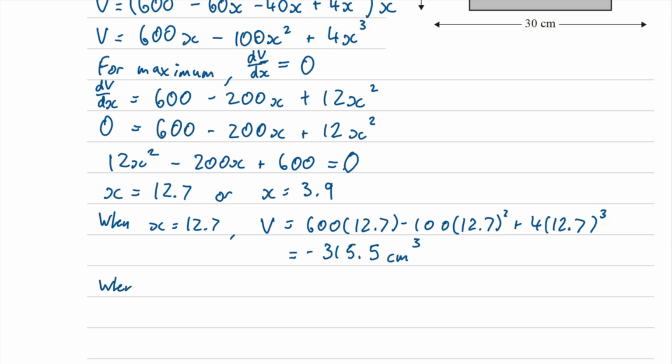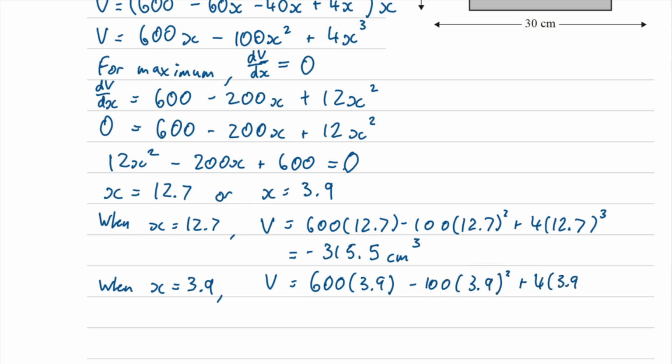Now when x equals 3.9, we'll see what the volume is. And with movie magic, I already know the answer. Well, we both do because we saw it on the graph. 1056.3 centimeters cubed.